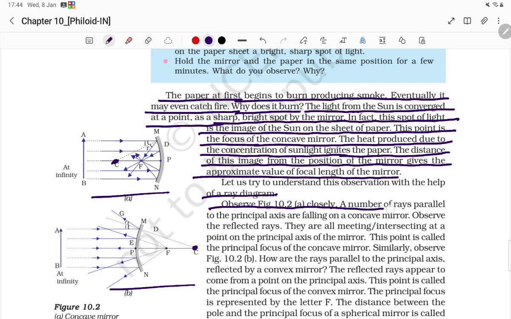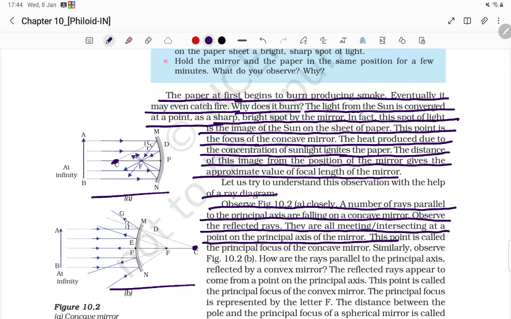Let us try to understand this observation with the help of a ray diagram. Observe figure 10.2 closely. A number of rays parallel to the principal axis are falling on the concave mirror. Observe the reflected rays that are all meeting at a point on the principal axis of the mirror. This point is called the principal focus of the concave mirror.